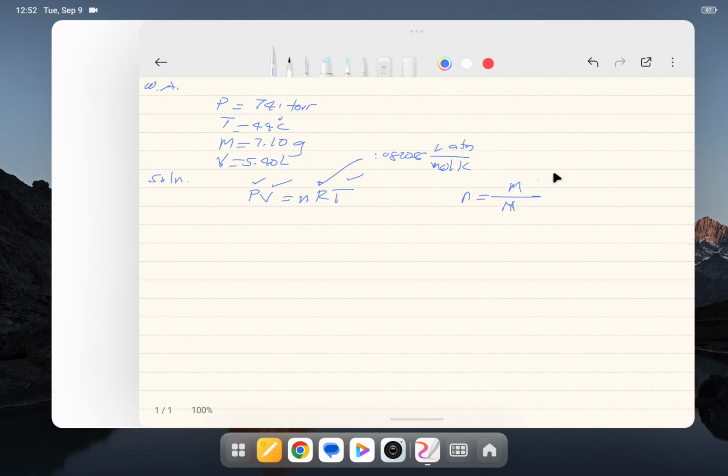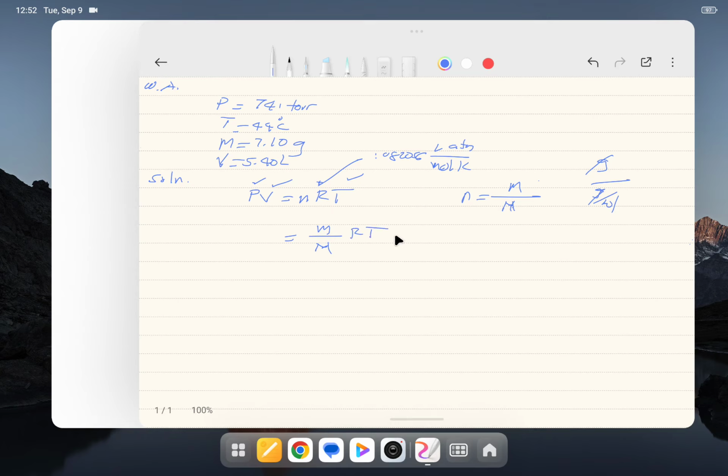Because I'm just actually looking at the units. Your mass is grams and your molar mass is grams per mole. You only have to look at the units. That is dimensional analysis. Look at the units and it will tell you what you are trying to look at. So you can cancel the grams, therefore I can find the number of moles. So therefore this number of moles can be changed into mass all over molar mass.